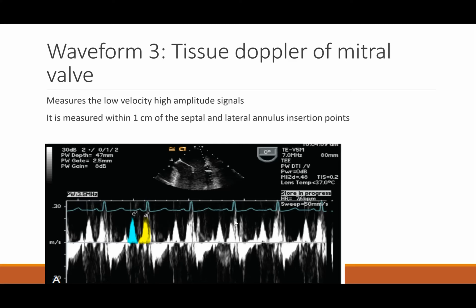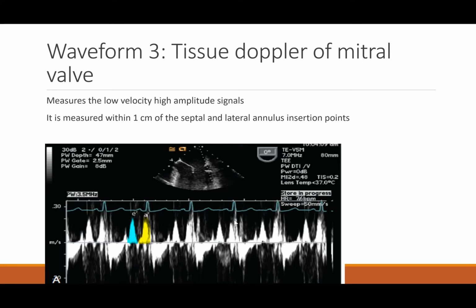This is measured within 1 centimeter of the septal and lateral annulus insertion points. We should measure both the septal and the lateral annulus, and average both values to take a single value.